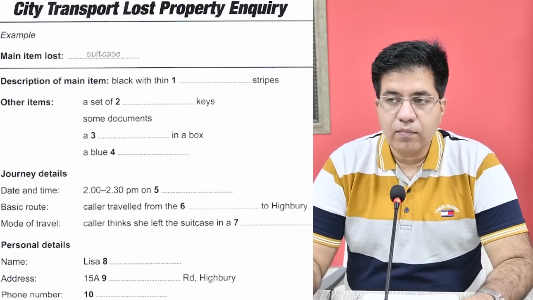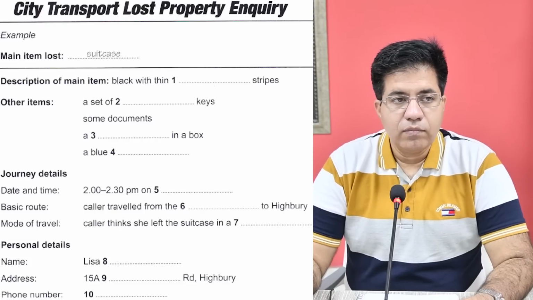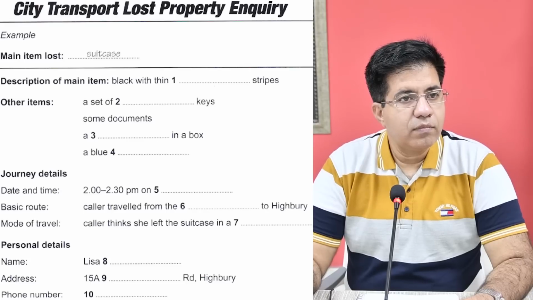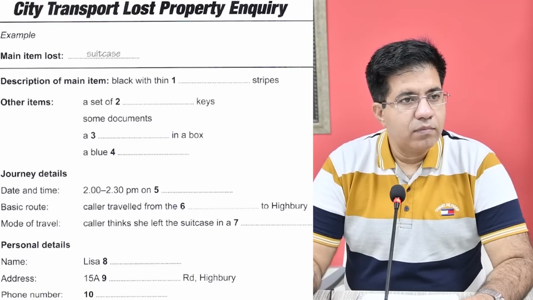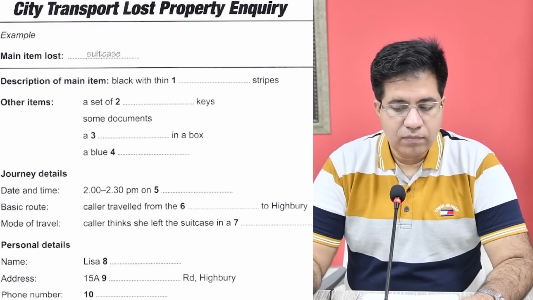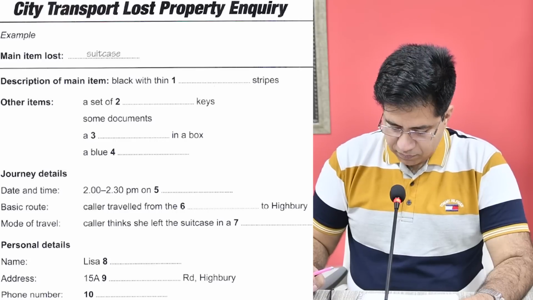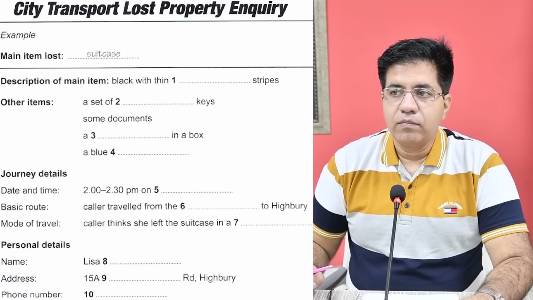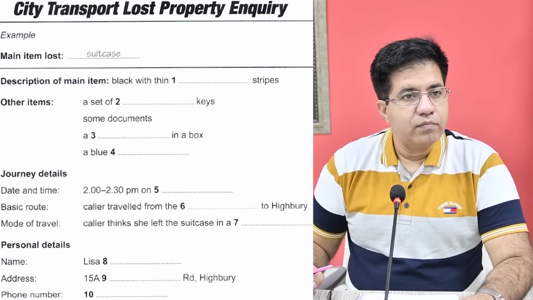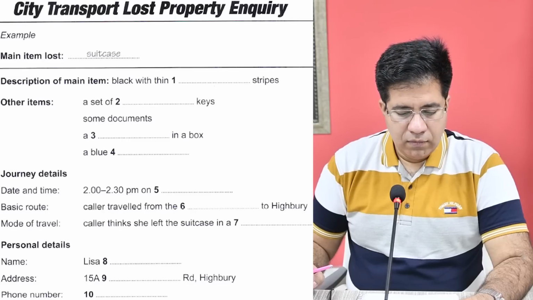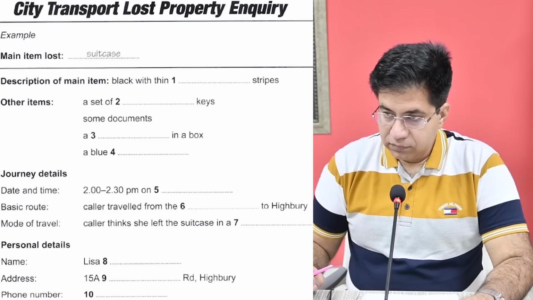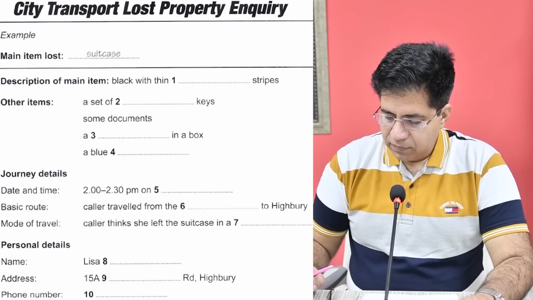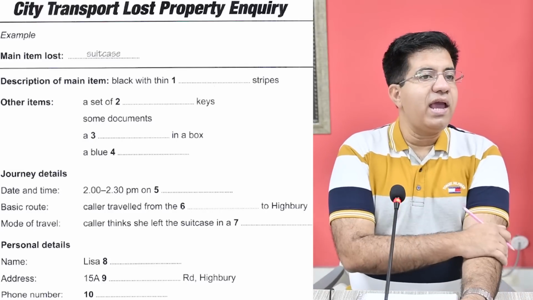Okay. Right, so let's start with a description of the suitcase. Okay, well, it's small, and it's the type you can pull along on wheels. How about the colour? Yes, it's black, but not exactly plain black. It has some narrow stripes down it, sort of grey. Actually, no, they're white, now I think about it. Okay. All right, they are white.